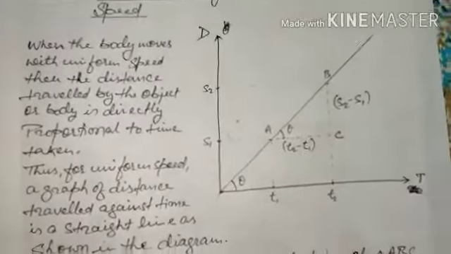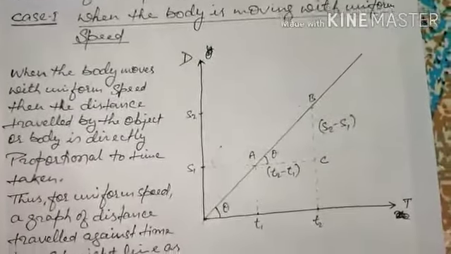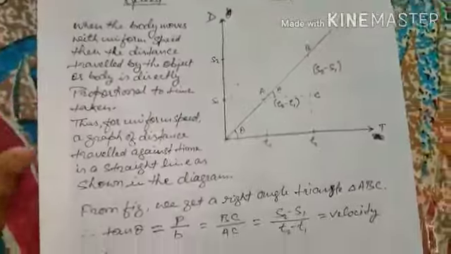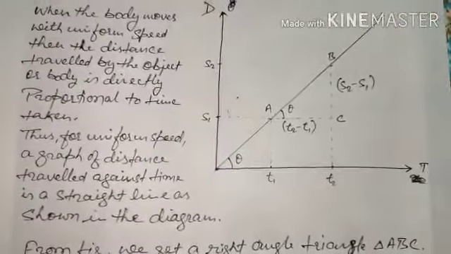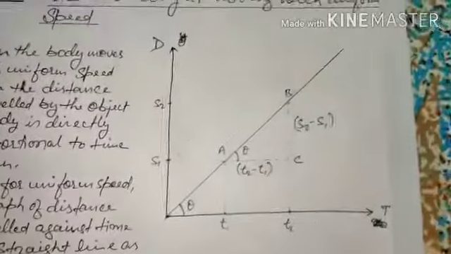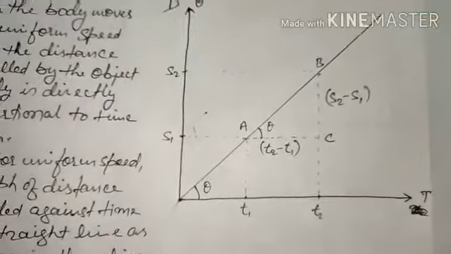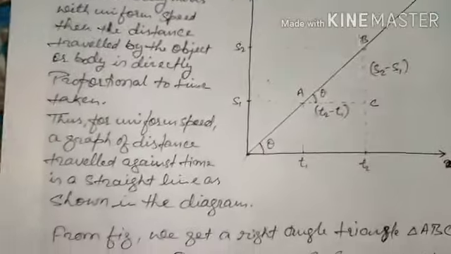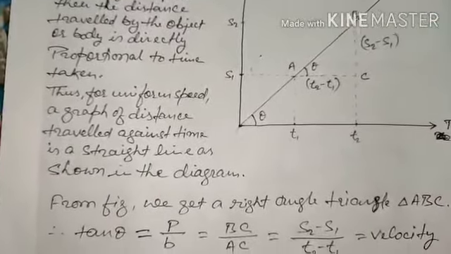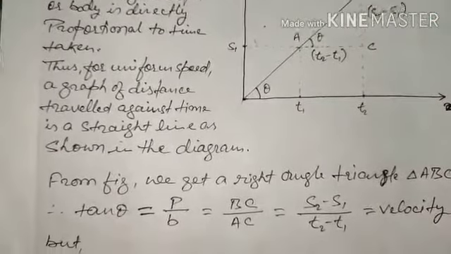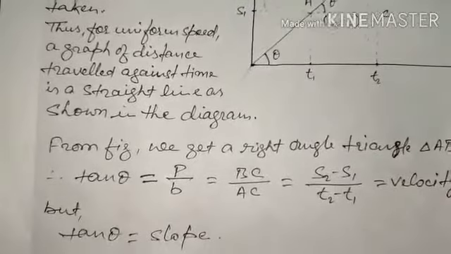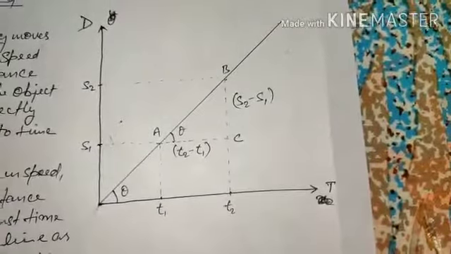It's a graph of y equals x type, like distance equals t. This is the distance time graph for uniform speed. A graph of distance traveled against time is a straight line as shown in the diagram. So this is your graph.